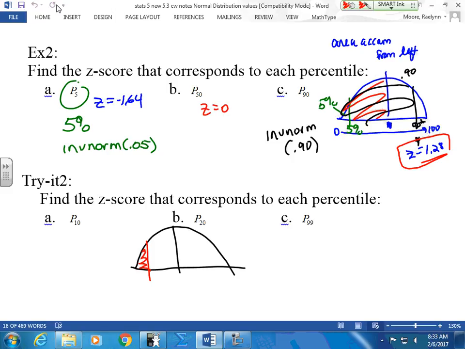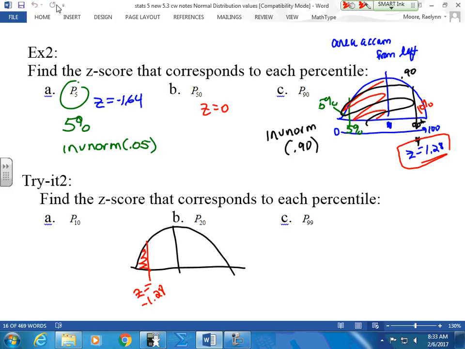Isn't this symmetrical? So isn't this also 10% out here? So if I found the positive, couldn't I find the negative using the same concept? But inverse norm, if you didn't get it, inverse norm. But you see how symmetry works in this? 10% on this side, 10% on that side. The z-scores have to be the same, just one's a positive, one's a negative.